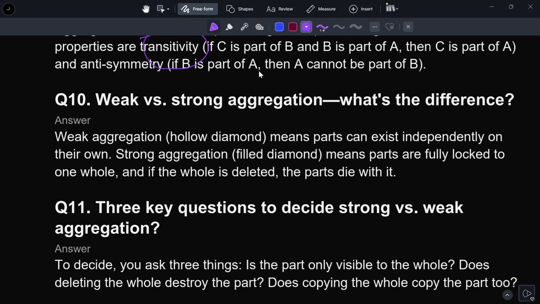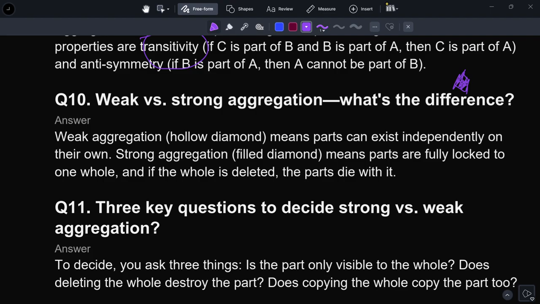And weak versus strong aggregation. We can understand that a weak aggregation or a strong aggregation comes down to life cycle and ownership. Can individual parts survive if the main container is destroyed, for example? And the UML notation is a hollow diamond like this, filled and solid diamond, independent. So weak aggregation is independent.